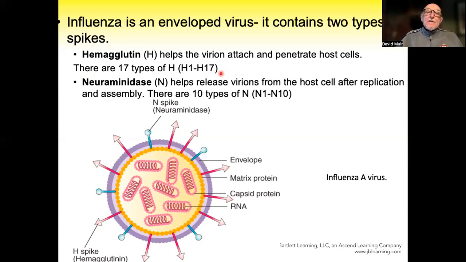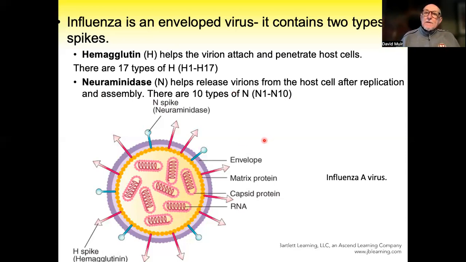The other protein associated with the membrane of the virion is neuraminidase, and that is labeled N. Again, there are 10 types of N, N1 to N10, so far, because we may ultimately recognize more of these. The list just gets longer.